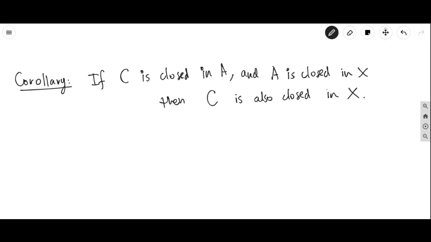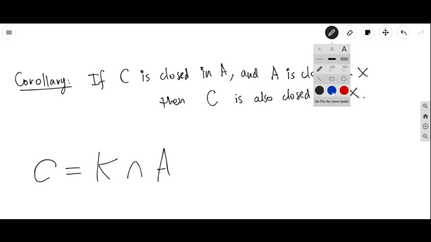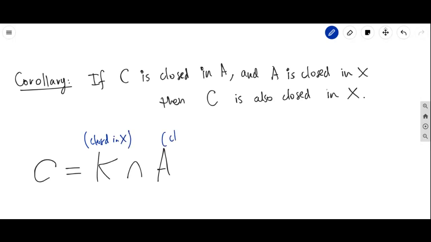If C is closed in A, then that means C can be written as K intersect A, where K is closed in X, and A is closed in X. So here we're assuming that A is closed in X. But then look what happens.